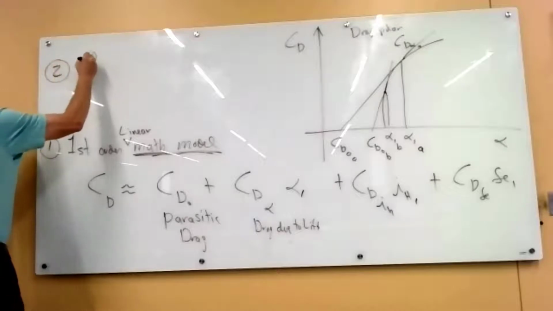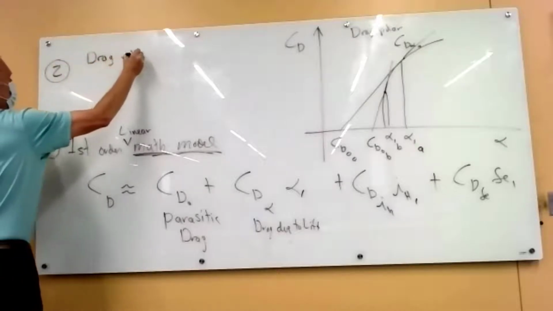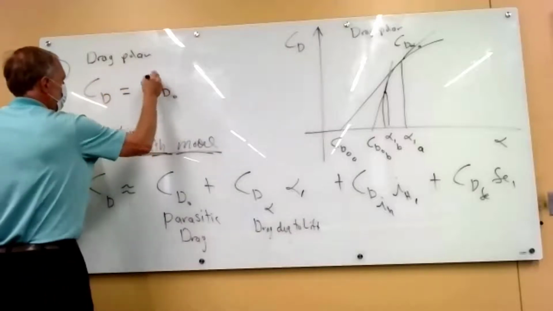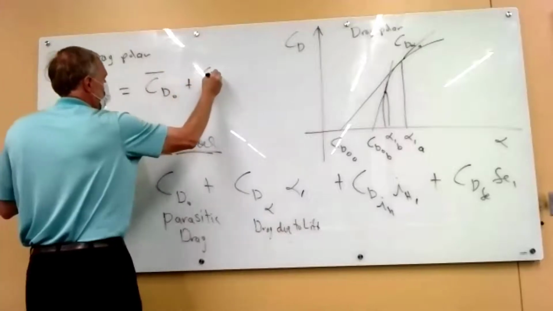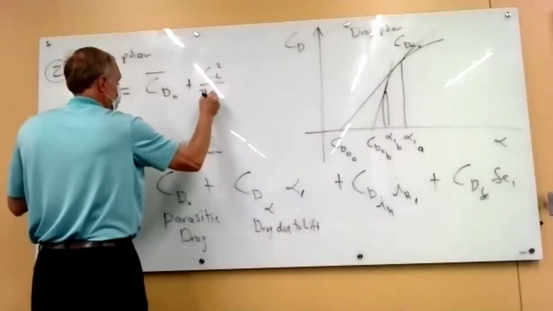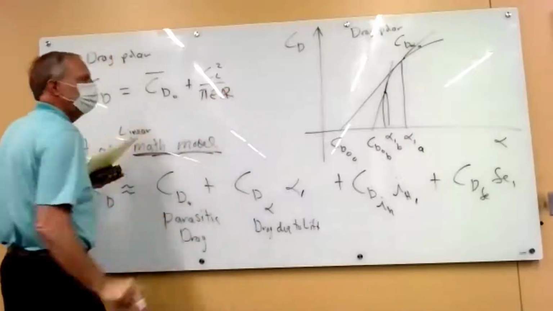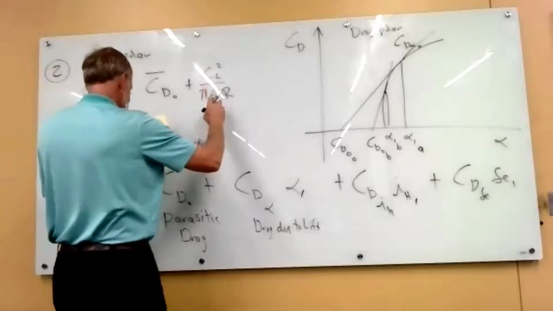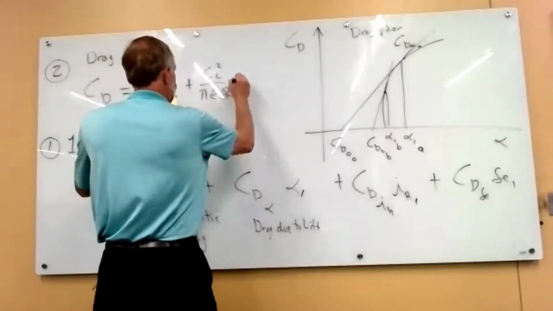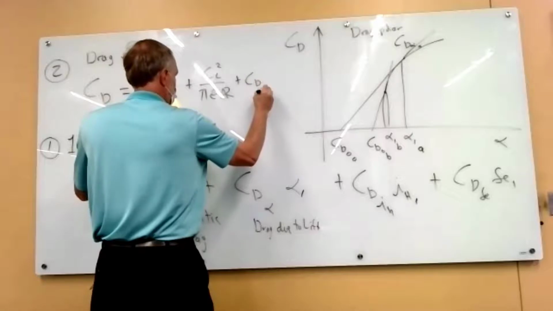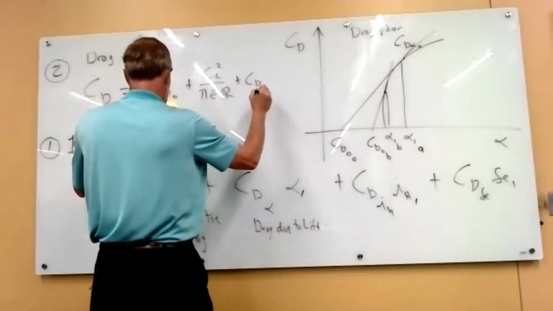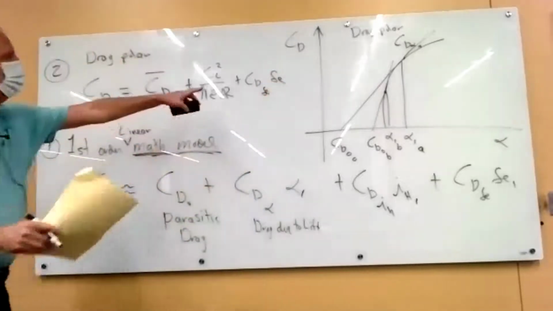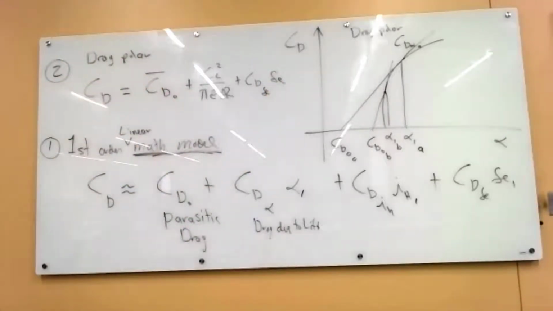Option 2 is a drag polar. And it's done as a lift polar. And you've seen that before, CL squared over pi E AR. And then we could even make the drag of the elevator more fancy, but we'll just tack it on there.